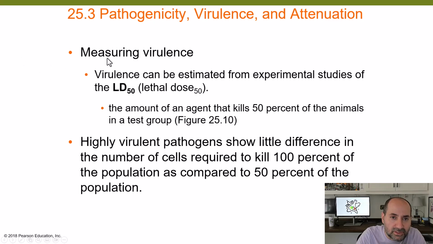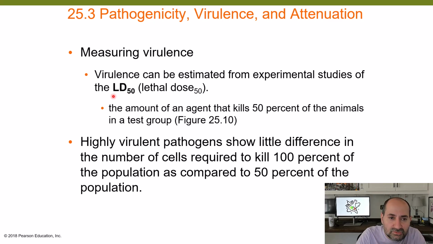So how do we measure virulence? Typically, the more virulent a microorganism, the more pathogenic and dangerous it is, right? So virulence can be estimated from experimental studies of what's known as the LD50, or lethal dose 50. And unfortunately, this means the amount of an agent that kills 50% of animals in a test group. So what they do is they inject test animals like mice, for instance.